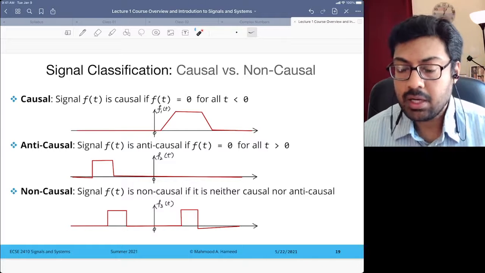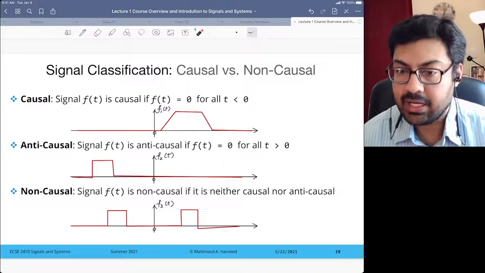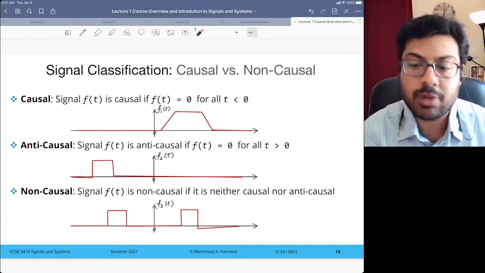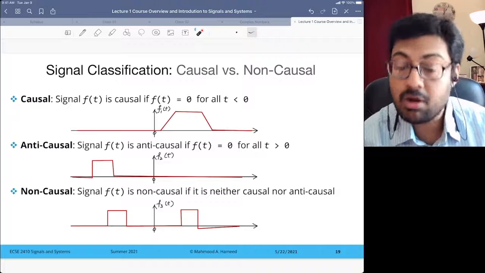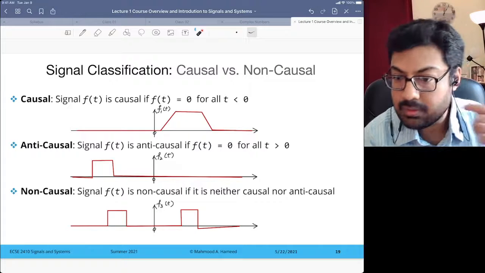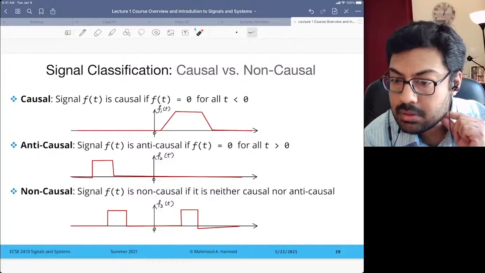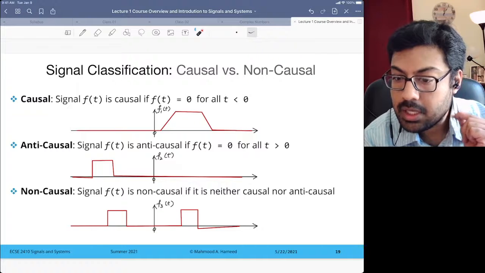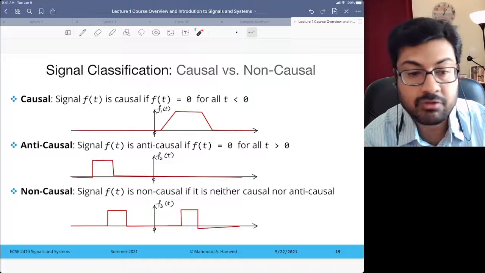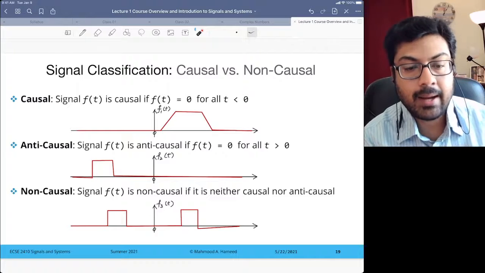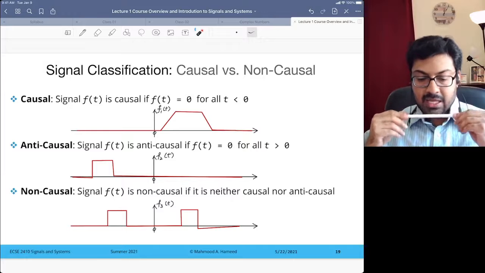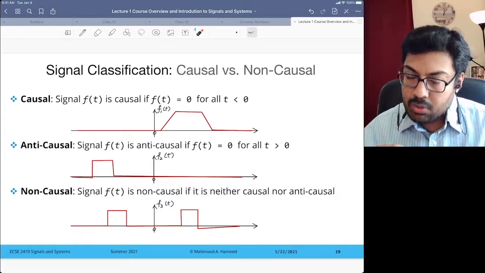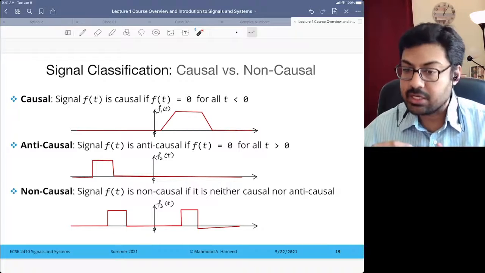Exactly. Once you have defined the function, then you can comment on whether the signal is causal or anti-causal or non-causal. If it is 0, is it causal or anti-causal? If it is 0 all the time, then I would classify that as a causal signal.